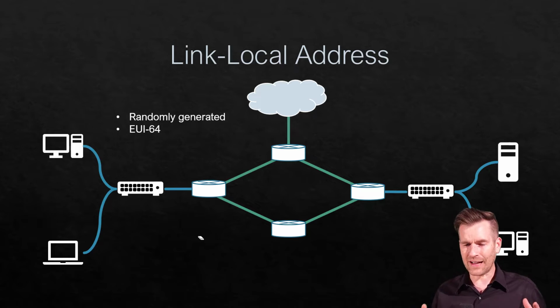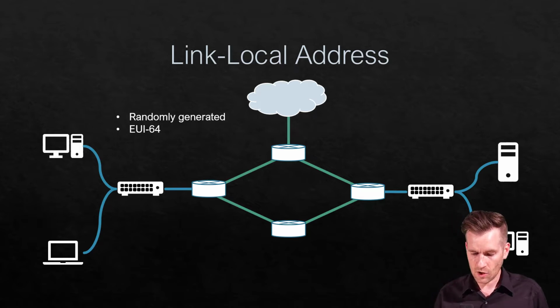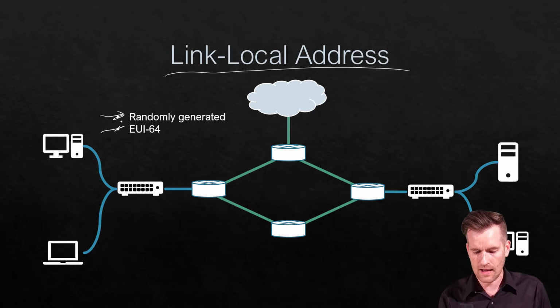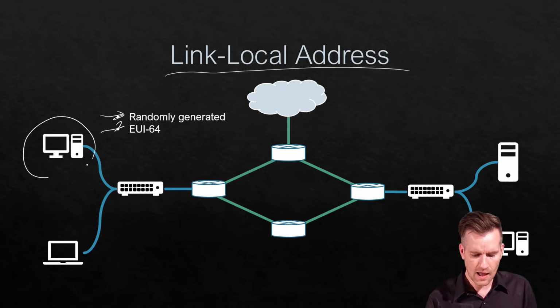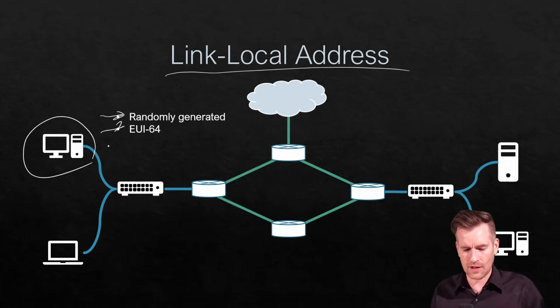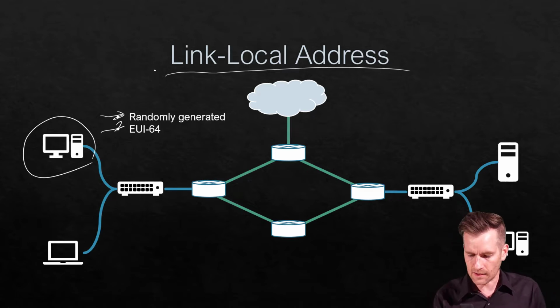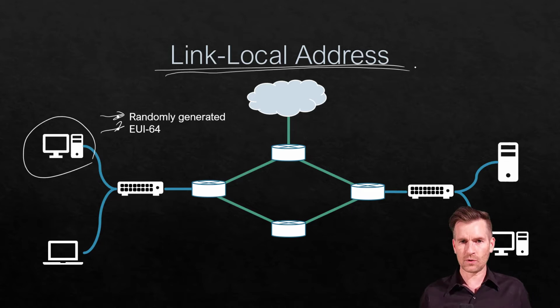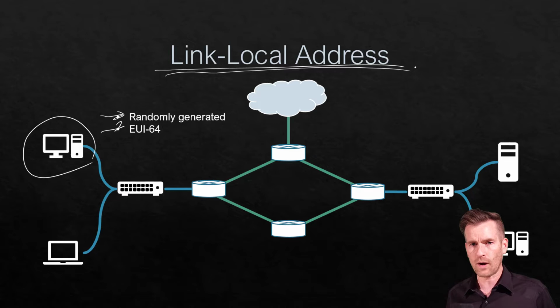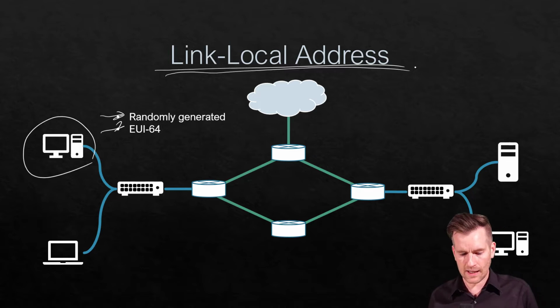So how do your devices generate a link local address? Well, there's a couple different ways that it can generate it. If you have a machine, you plug it into the network, it has IP version 6 enabled on it, it does need a link local address. It's pretty critical to how IP version 6 operates. So there's a couple different ways to come up with a link local address.